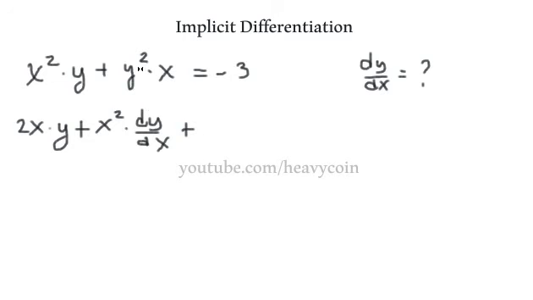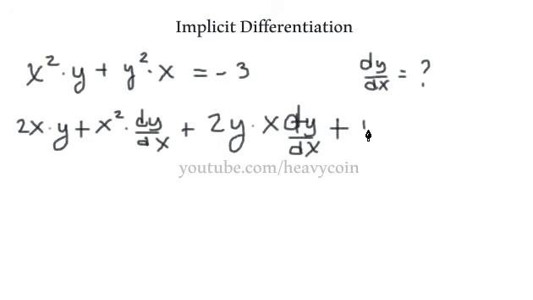Plus, and we do the same thing here, derivative of y squared is 2y times x plus, and then we rewrite, I took the derivative of y, so we don't want to forget, I almost did, dy over dx here. Right, we took the derivative of y, we got to write dy dx.